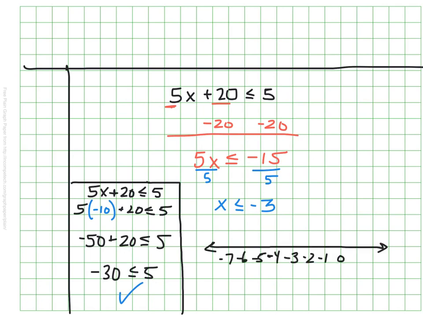And as always, I represent this by graphing my solution. Since it's less than or equal to -3, it could be exactly -3, so I'm going to fill that in, but it could also be less. I'm going to go to the left, and that would be my solution. Anything -3 or below.